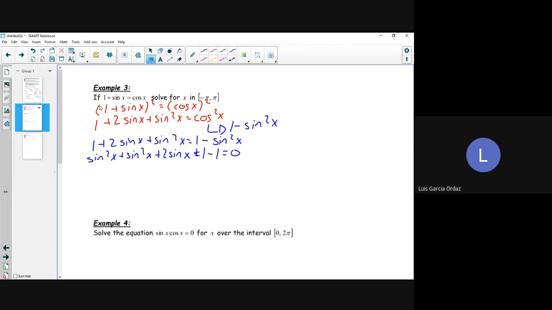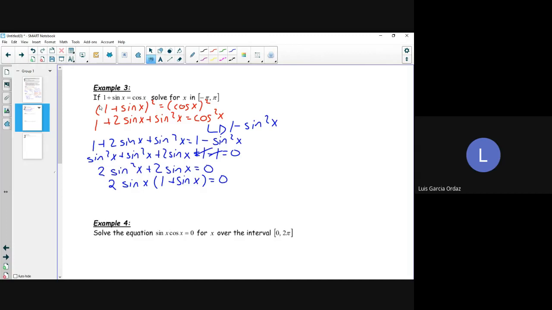So the 1's cancel out, and we're left with 2 sine squared x plus 2 sine x is equal to 0. And like any algebraic problem, you're going to factor out the common factor, which is 2 sine x. So you have 2 sine x times 1 plus sine x is equal to 0.